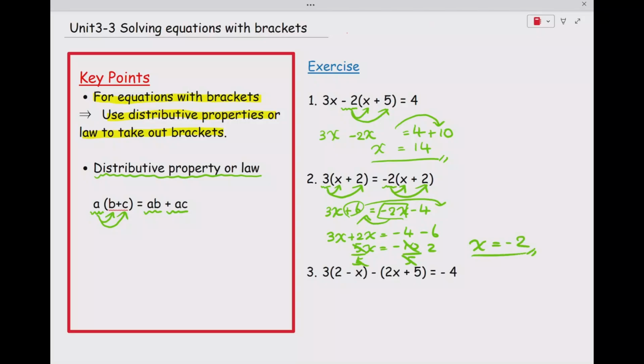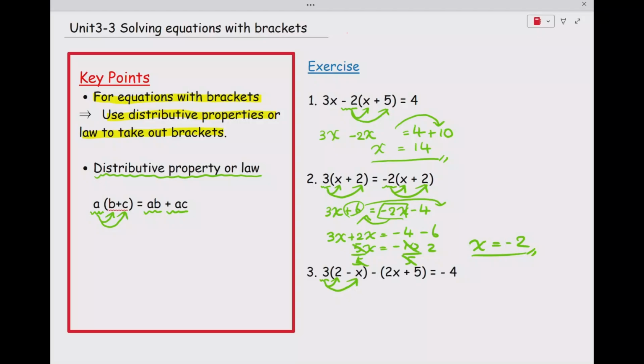Question number 3. 3 brackets 2 minus x and minus brackets 2x plus 5 equals minus 4. Same for this question. Use the distributive law to remove the brackets. Let's look at 3 brackets 2 minus x. You need to multiply the 3 outside the brackets onto 2 and minus x, respectively, like this.